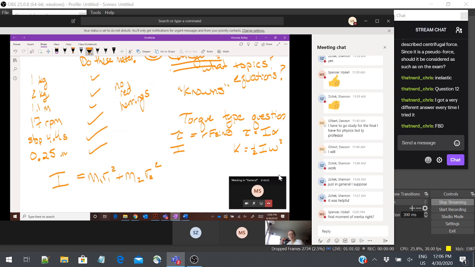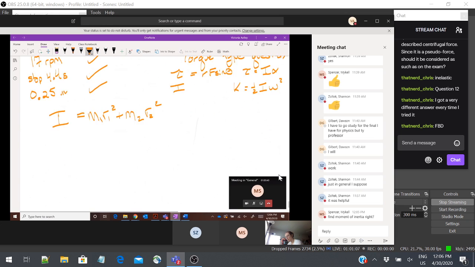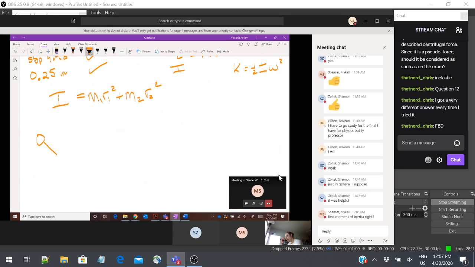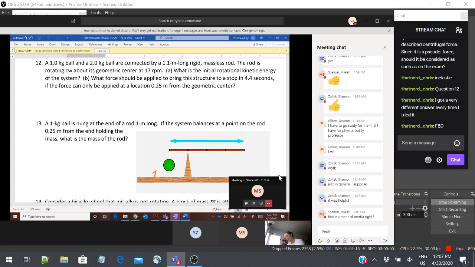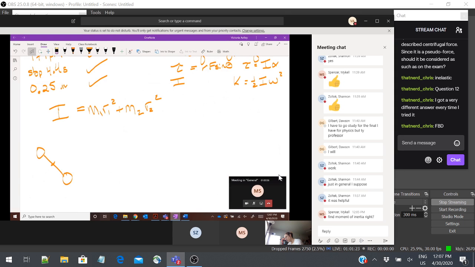You can do a free body diagram. I would do that for our next bit, but you have to be careful because now you have to draw the whole thing. The force is being applied at a location 0.25 meters from the geometric center. It's rotating clockwise, so my force would be applied the other way to try to stop it.